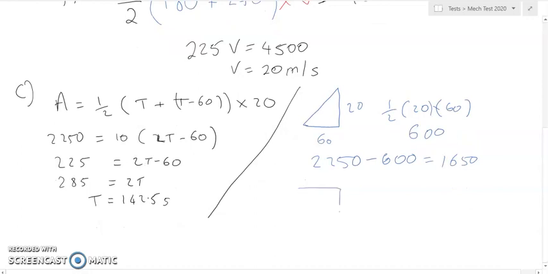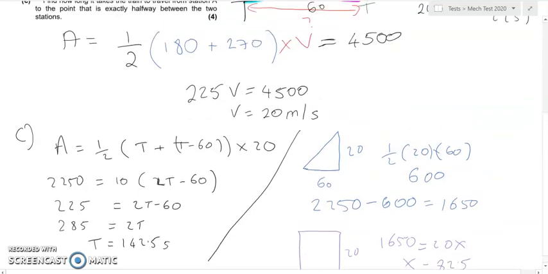Okay, now it's a rectangle, and the height is 20, and we don't know what the width is, so let's call that x for a second. So 1650 is equal to 20 times x, and so x comes out as, if you divide that across, 82.5.